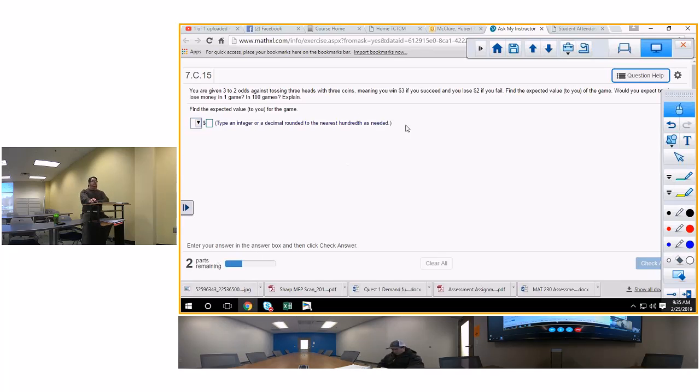All right, do this one. 3-2 odds. Find the expected value. Tossing 3 heads. Okay, same problem. So it's going to be 1/8 times 3, plus or minus 2 times 7/8.